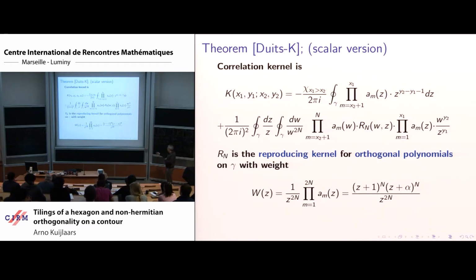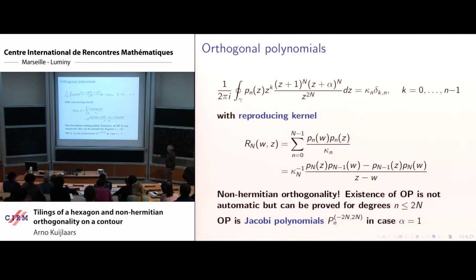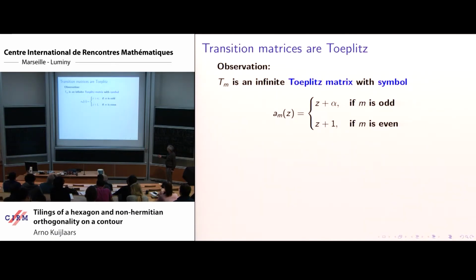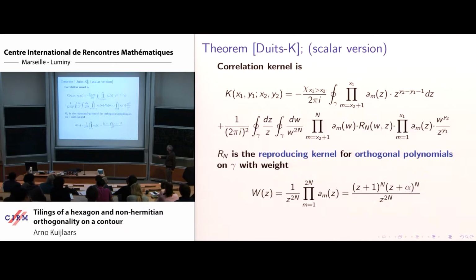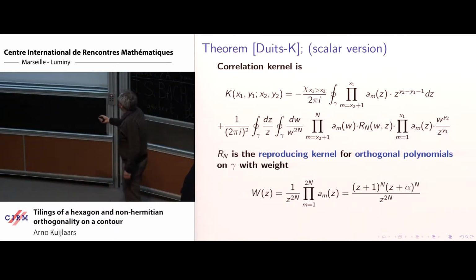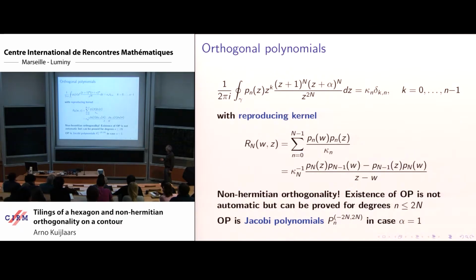So in our particular case, since we have 2n steps, n times we take z plus 1, and n times we take z plus alpha. So this will be a weight function which is complex valued, right? We're in the complex plane, on a circle, and we're dealing now with orthogonal polynomials with this weight. So what does it actually mean?